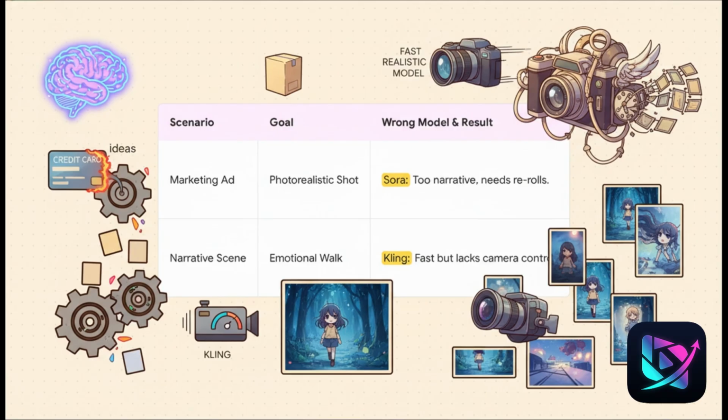For example, say you need a simple product shot for an ad. If you use a big storytelling model like Sora, you might get something that's way too cinematic, and you'll have to re-roll it a bunch of times just to simplify it. On the flip side, if you're trying to create an emotional scene and you use a speed-focused model like Kling, yeah, it'll be fast, but you might not get that precise camera control that actually tells the story.